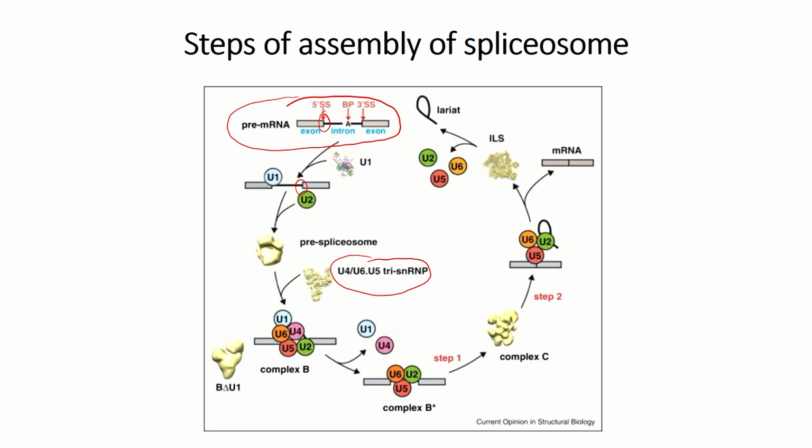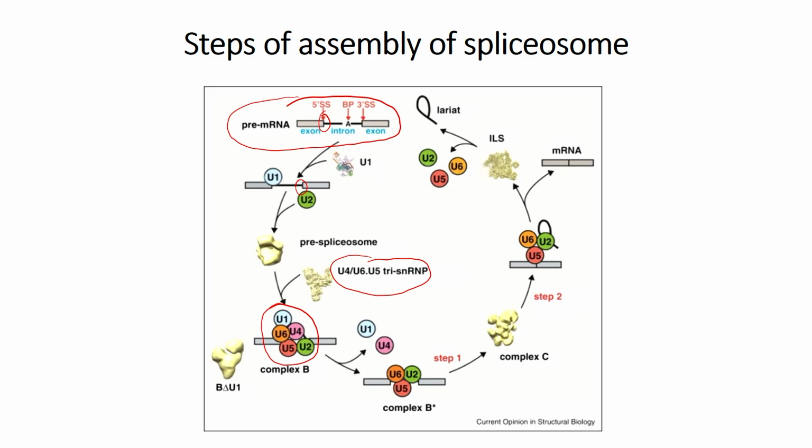U4 and U6 will have base pairing, U5 will also have some base pairing, and thus they are together. Once they come here, they are mounted on this. When it is mounted, you call it complex B. Here you have U1, U2, U4, U5, U6, all are there.